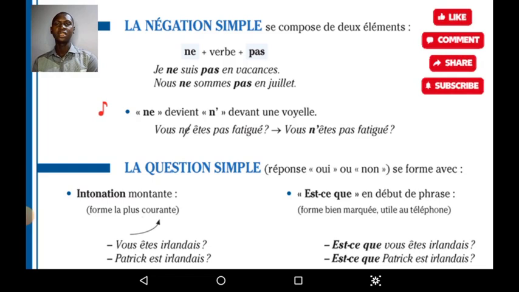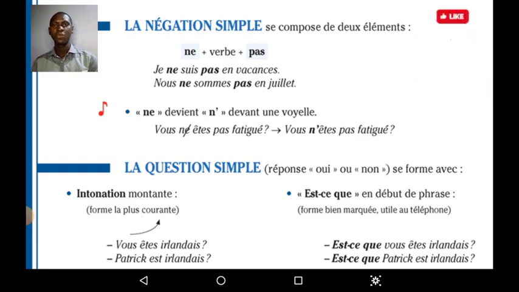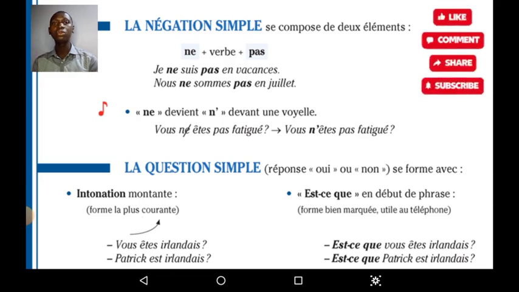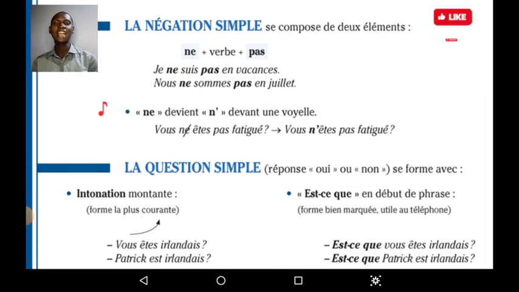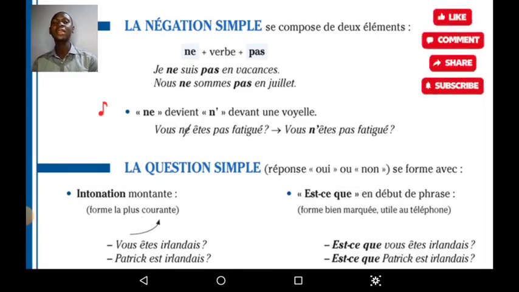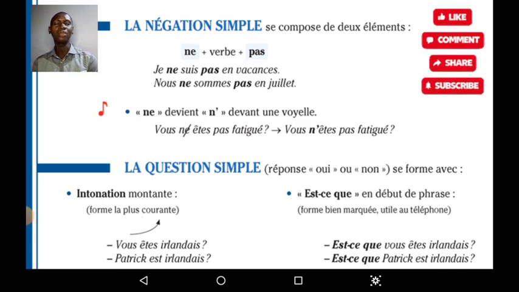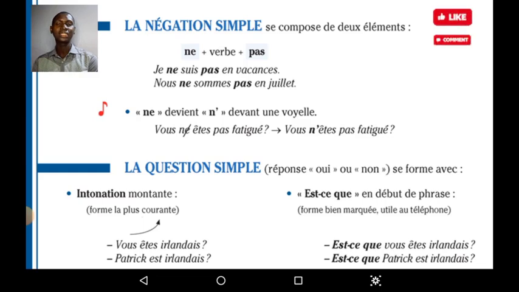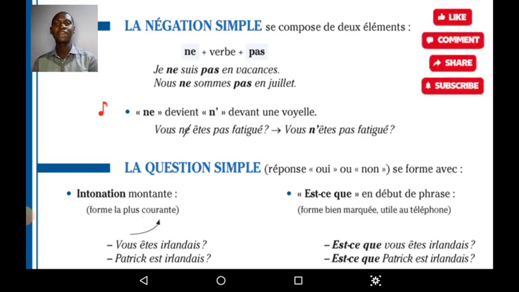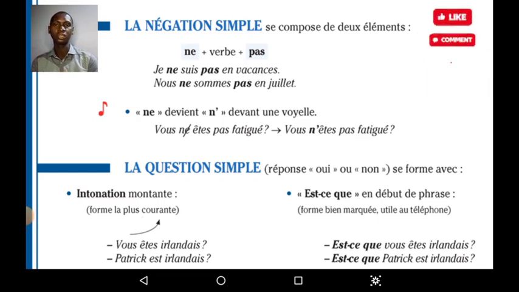The second example, nous sommes, or rather we are not in July. Nous ne sommes pas en juillet. The ne, as we have it, can become an apostrophe because that is the contracted form. In French language studies, when you have a vowel or a mute h, and you have personal pronouns or prepositions that end in a vowel, the first vowel gives way for the other vowel in the next word, a verb or a noun.